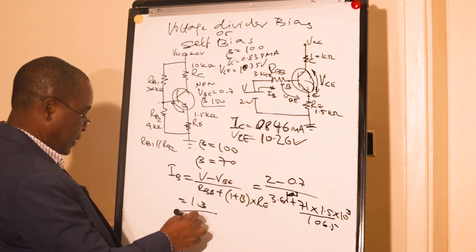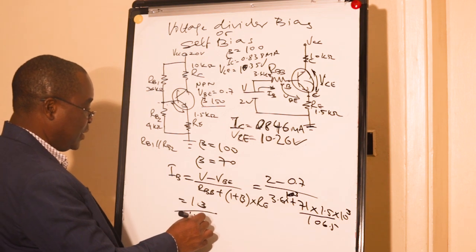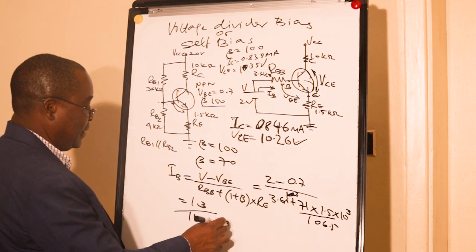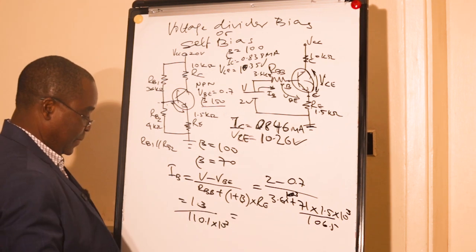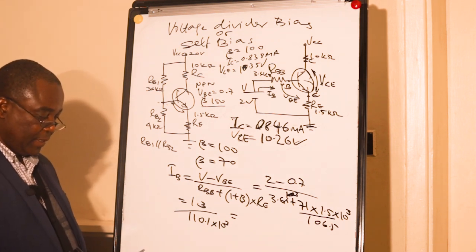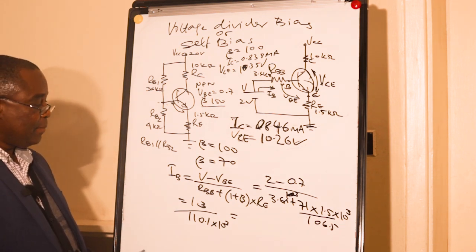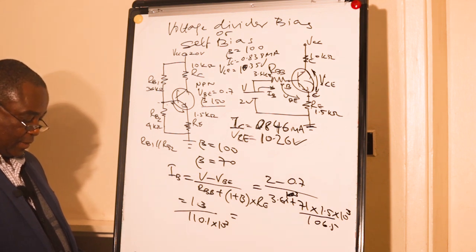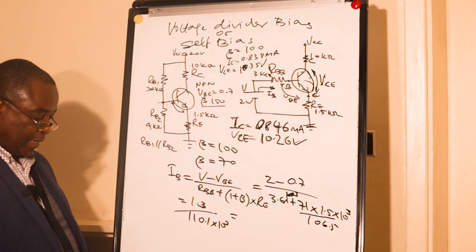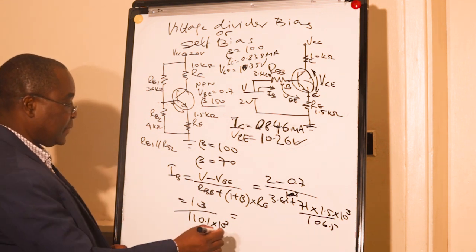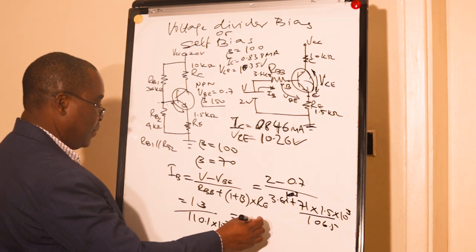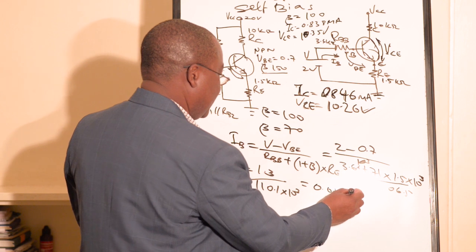Yeah, we have 110.1. Of course, it is times 10 power 3. Equals to 1.3, we divide by 110.1. We have here 0.0118 milliampere.